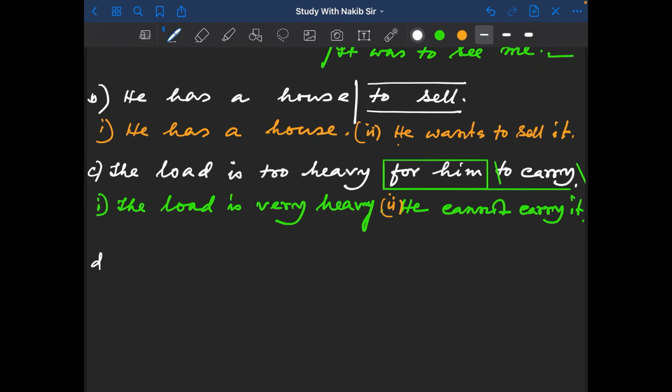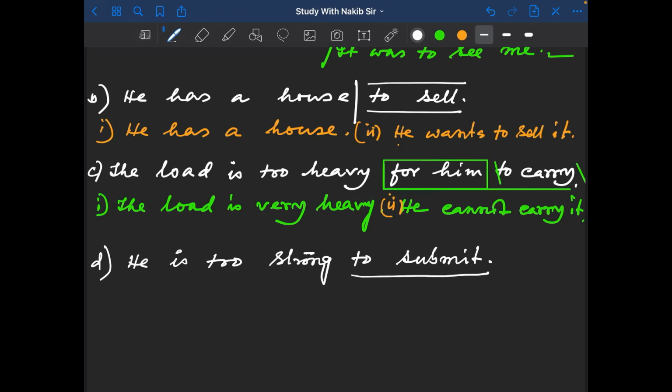See now, D. He is too strong to submit. You know it very well. To submit is the infinitive, and these two will become very when you cut here.